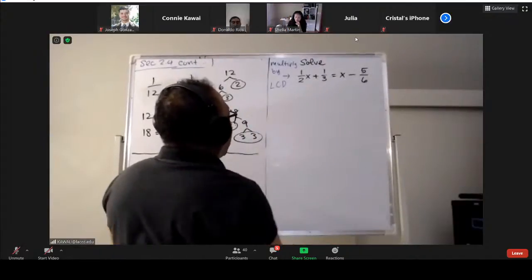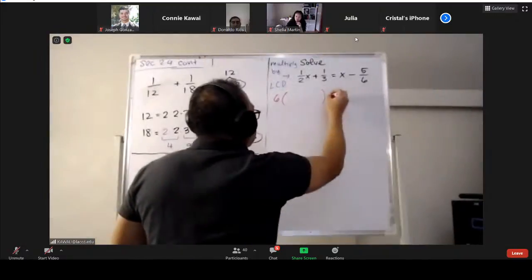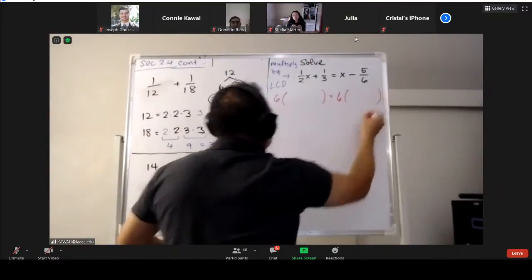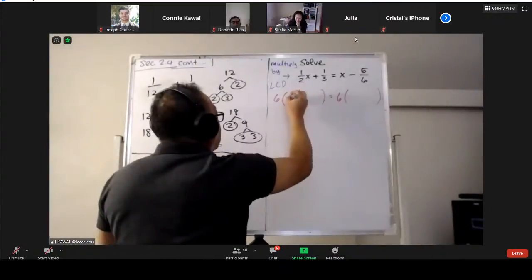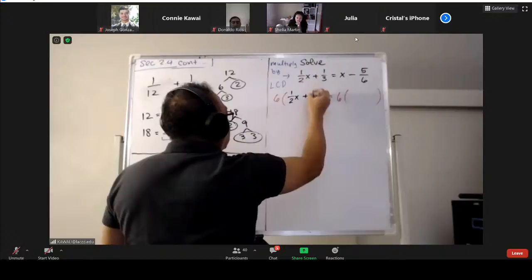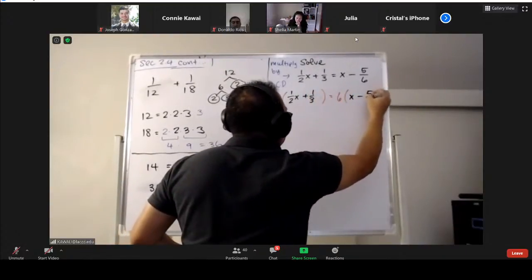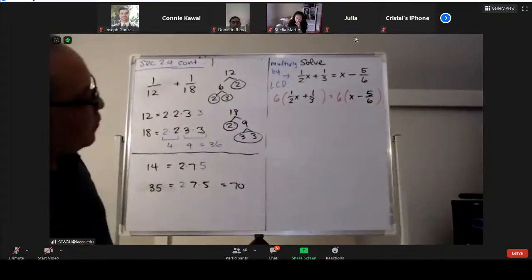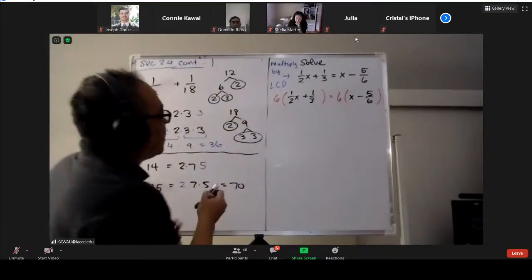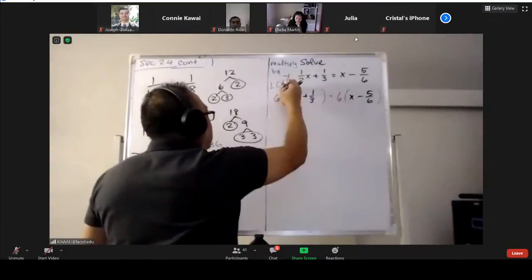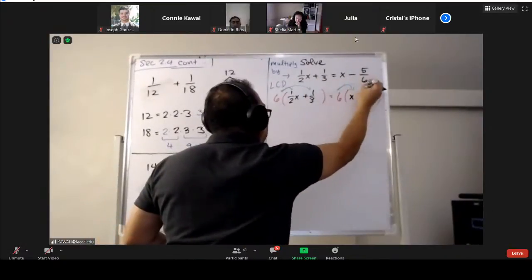So let's try that. We said my lowest common denominator is 6. So I'm going to multiply this side by 6, that side by 6. I know at this point you're not thinking that this makes the problem easier, but it will. Okay, and we're going to do this trick over and over and over again. Now, what I'm going to do now is I'm going to distribute the 6. Okay, this times that, this times that, this times that.